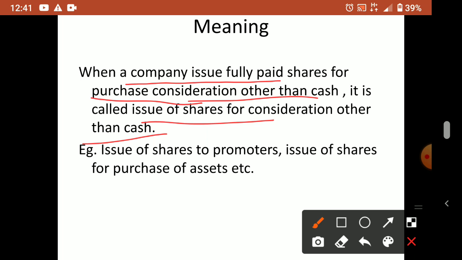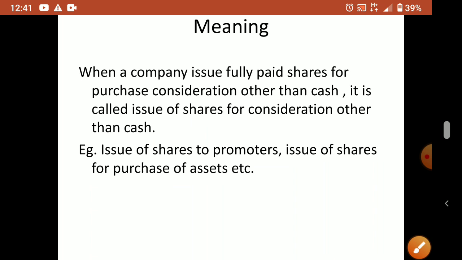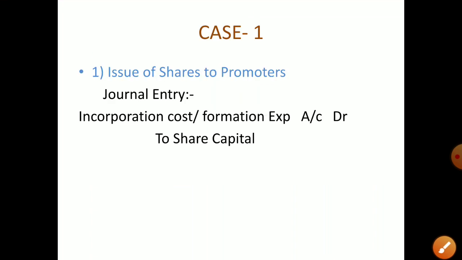Okay, so mainly two situations we can do this: issue of shares to promoters, and issue of shares for purchase of assets. Case 1 is issue of shares to promoters.